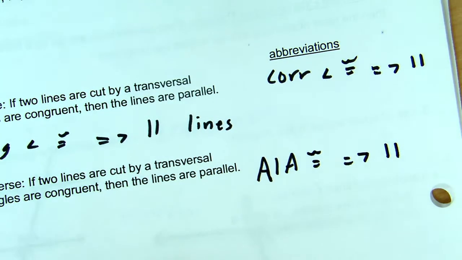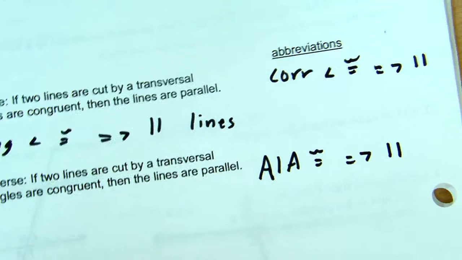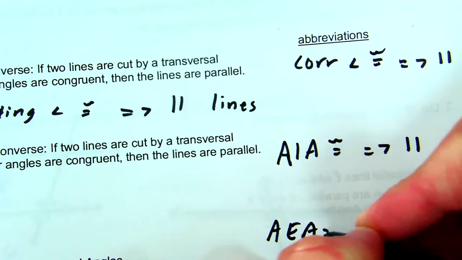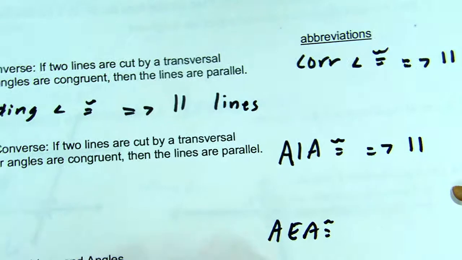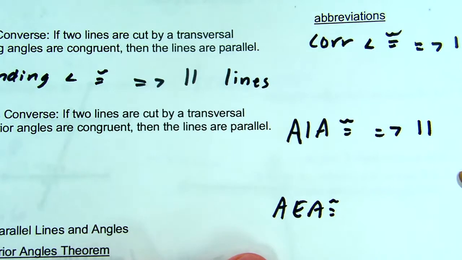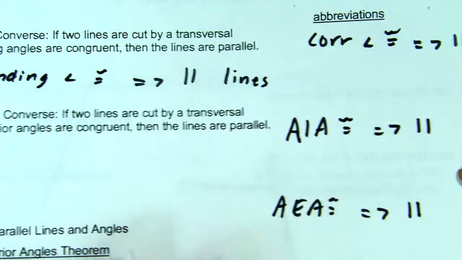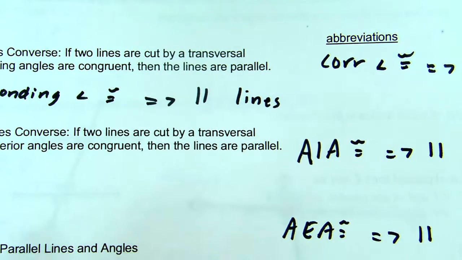It is not listed here, but the converse for the alternate exterior angles is also true. So if you are given that alternate exterior angles are congruent, then you can logically conclude that you have parallel lines.